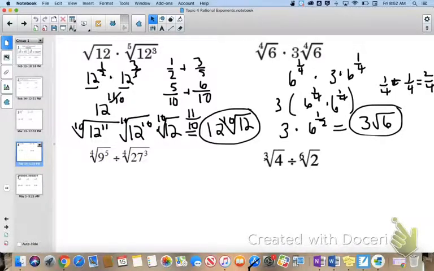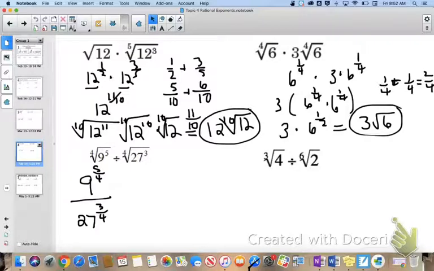All right, now with this 9 and the 27. Okay, so what we have is we have 9 to the 5/4 divided by 27 to the 3/4.